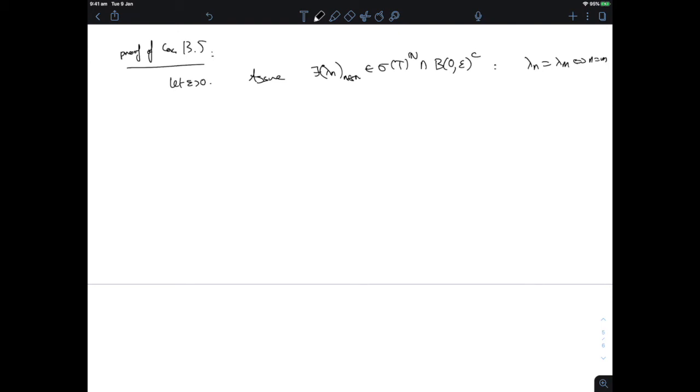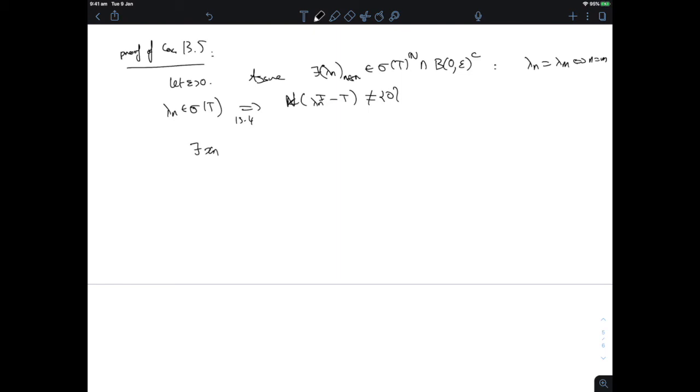Okay, now we know that lambda n being in the spectrum of T implies, by corollary 13.4, that the null space of lambda n identity minus T is non-zero. So that is to say, it's an eigenvalue and there exists an eigenvector.